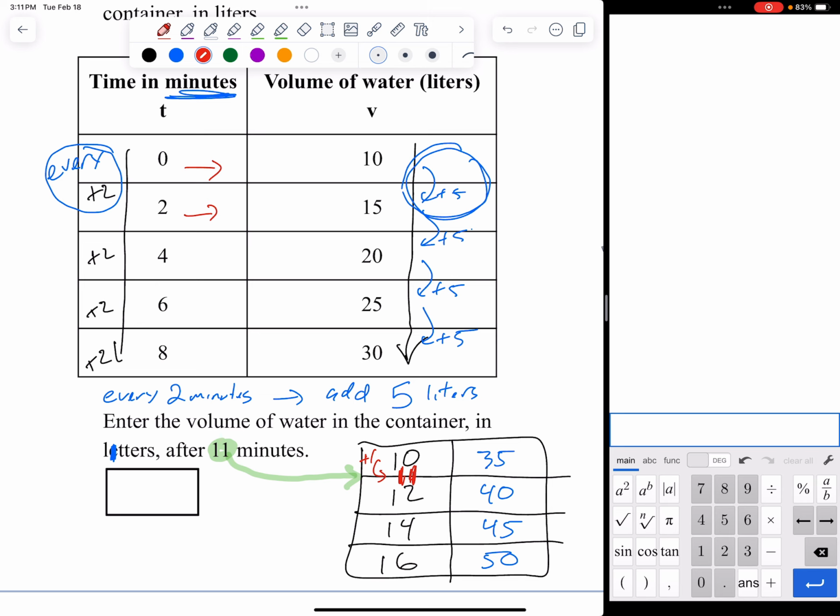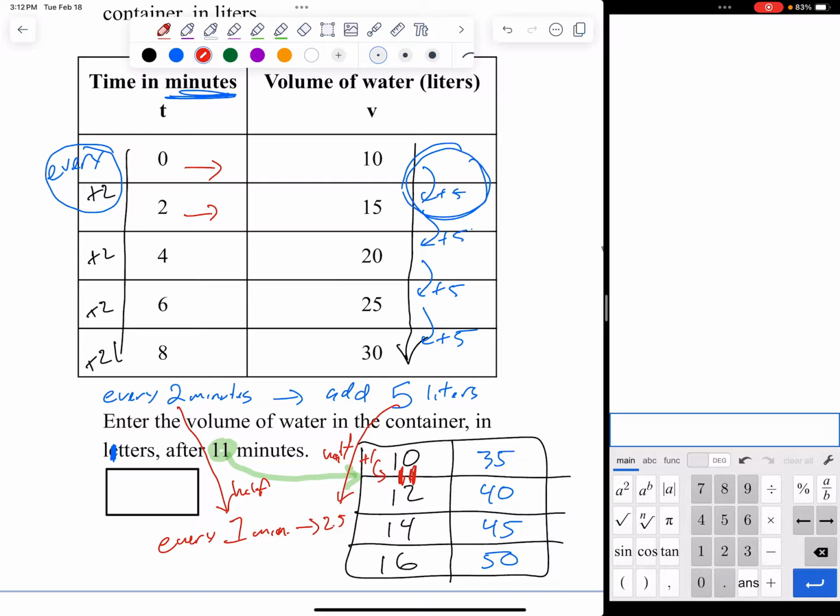So what do you think I should add then? Instead of plus 2, if I do a plus 1, every 1 minute, how many liters should I have? Well, if 1 minute is half of 2, then I should have half of 5, which is 2.5.